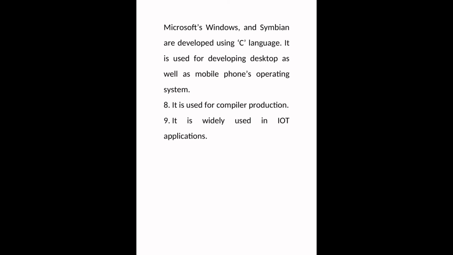A compiler converts the high-level language that we write on the computer screen, that is code, into low-level language, or machine language, or binary-level language, so that the computer understands it. Machine-level language means a system-understandable language.